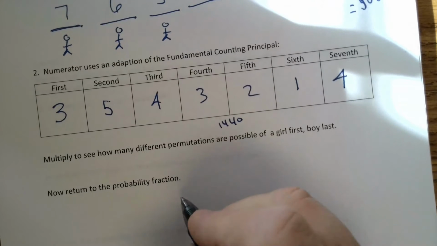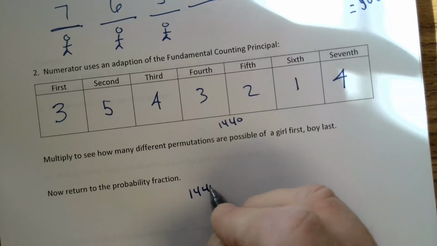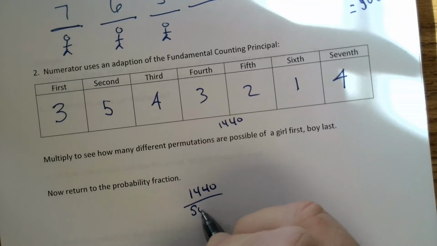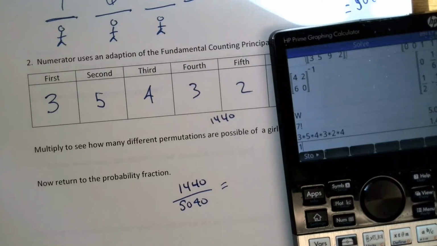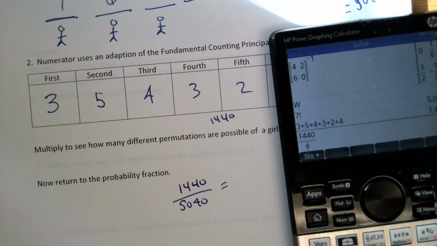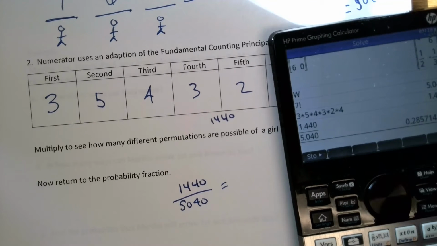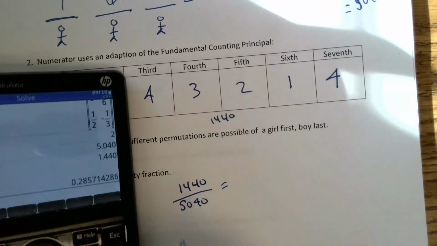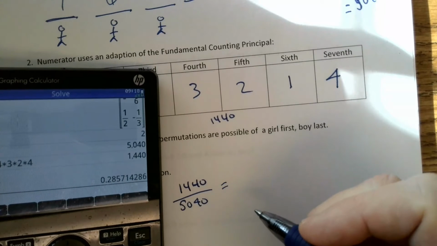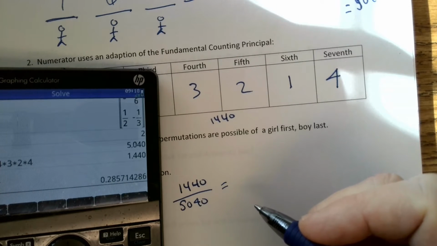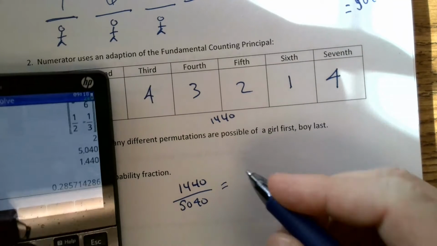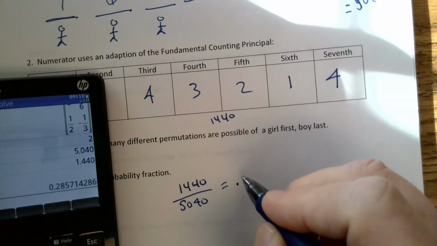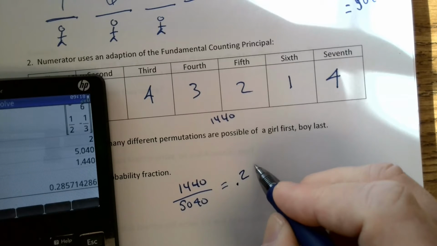So the probability is equal to 1,440 divided by 5,040, which comes out to be... sometimes they want decimals and sometimes they want fractions, so make sure you have a calculator that switches back and forth. If they want decimals, maybe 3 or 4 decimal places.